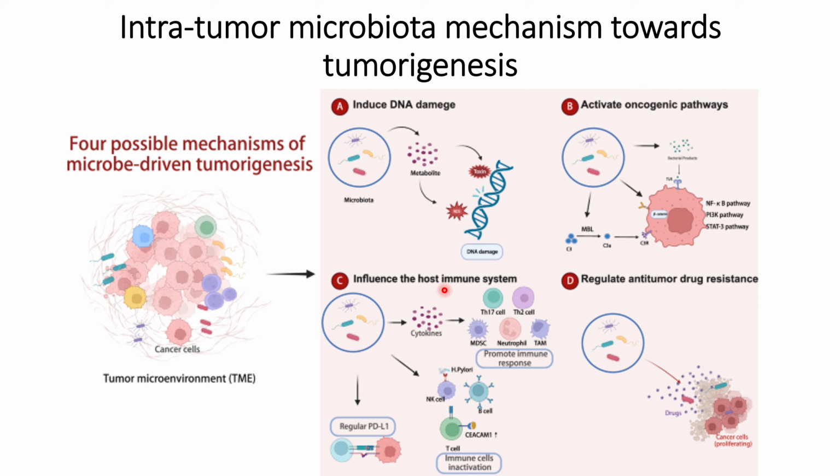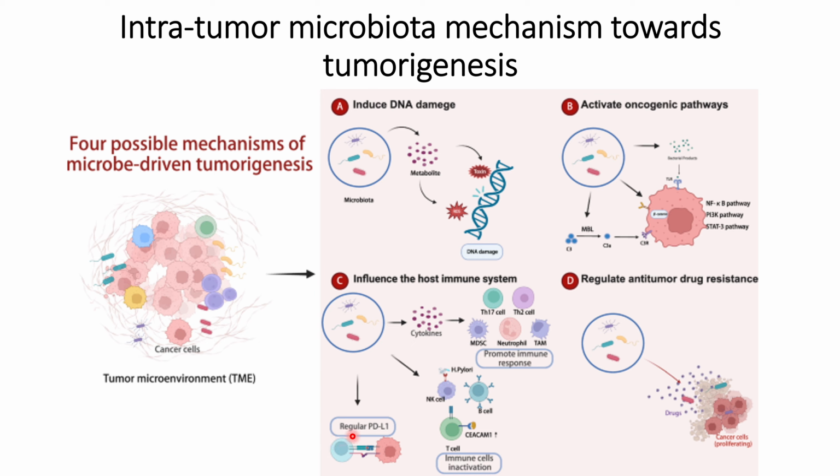It will release cytokines that upregulate cells such as Th17, Th2, neutrophils, tumor associated macrophages, and MDSC, myeloid derived suppressor cells, and it will enhance the immune response that causes inflammation within the patients, which helps in tumor growth.